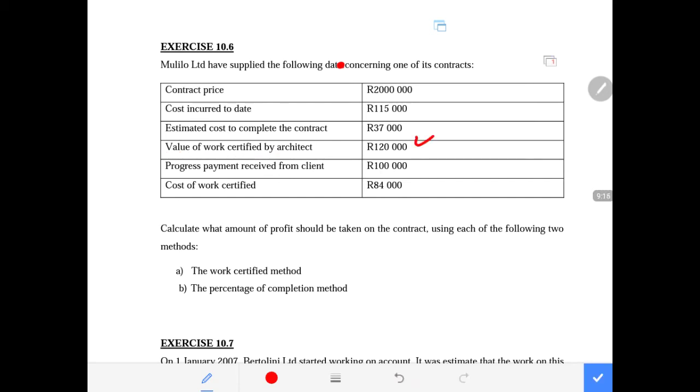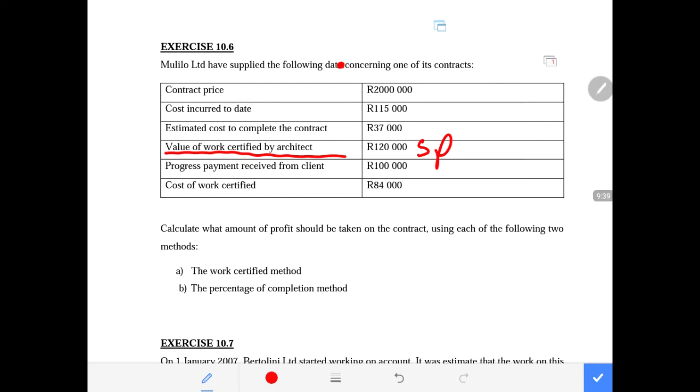rands. And I want to bring financial accounting 1 into perspective here, when I spoke previously about what we call the markup percentage. Now, the value of the work that is certified is the selling price of a product. In simple terms, it is the selling price of a product.